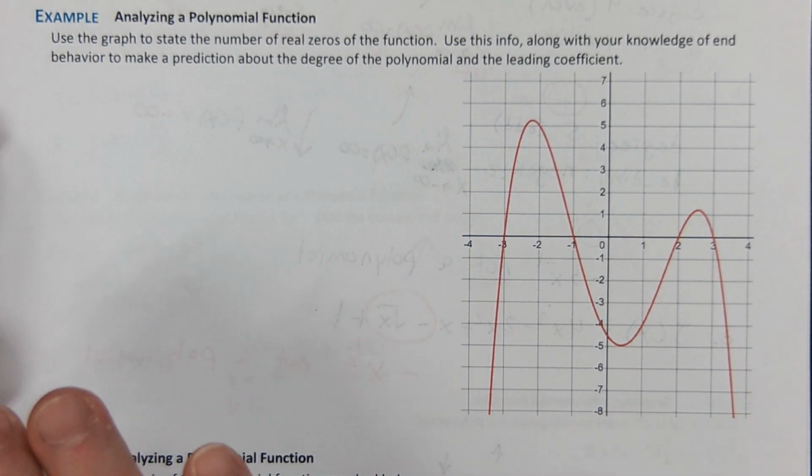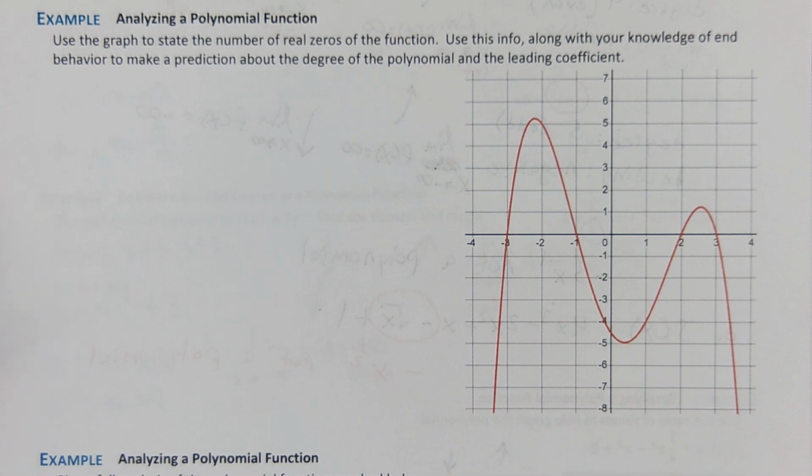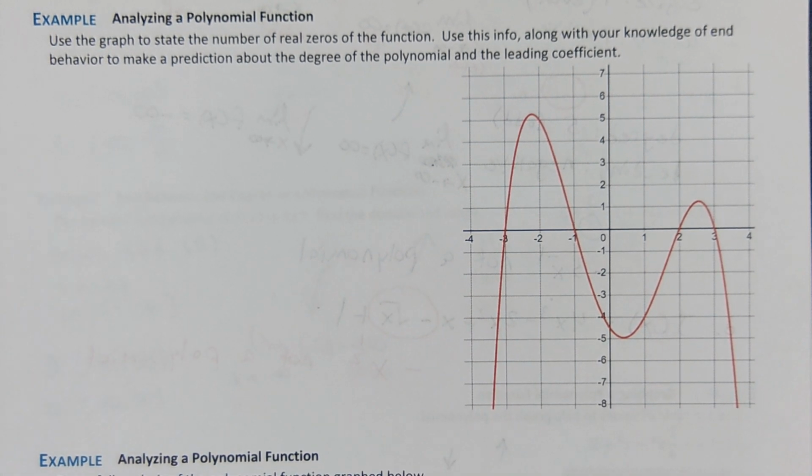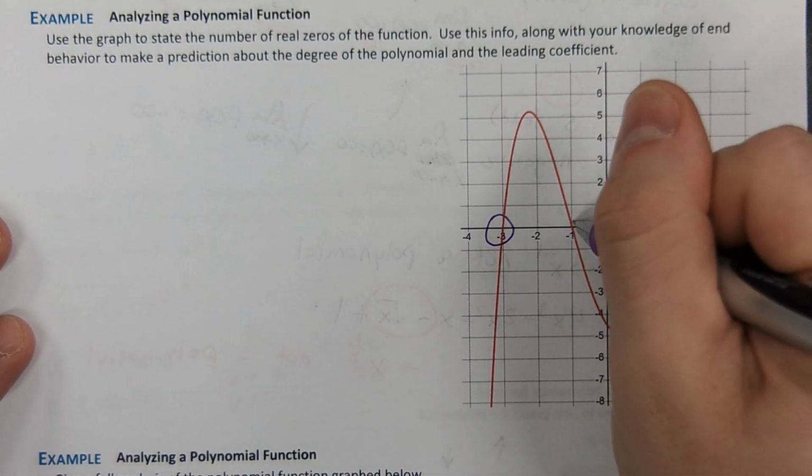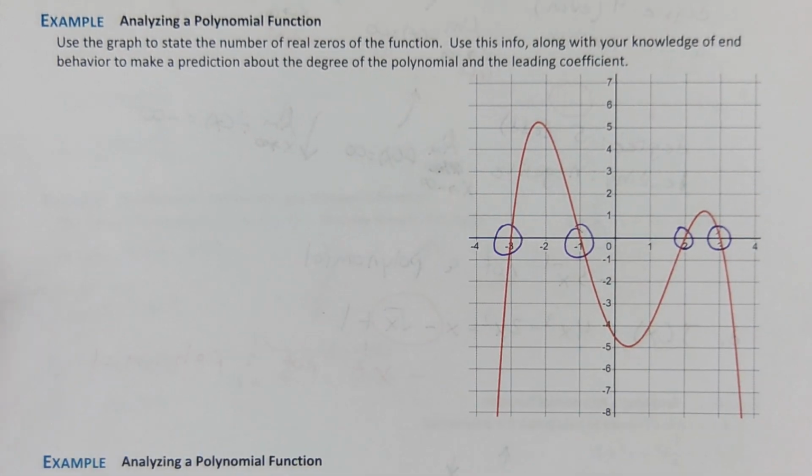Alrighty, so it says, take a peek at this graph, and then let's talk about how many real zeros it has. Not a trick question. How many real zeros does it have? You guys can shout it out. 4. It has 4 real zeros.